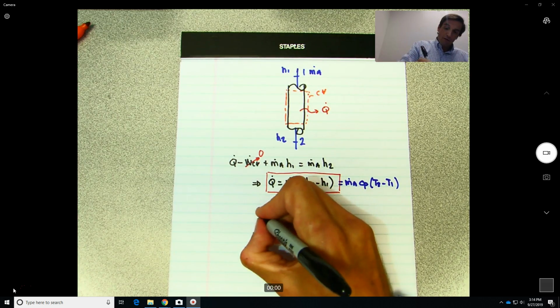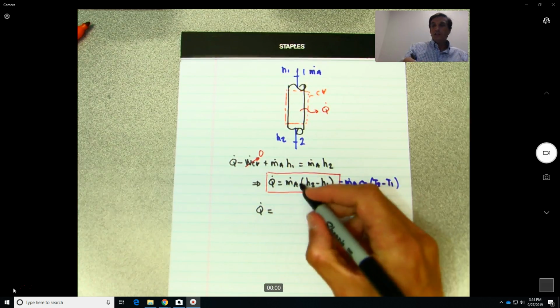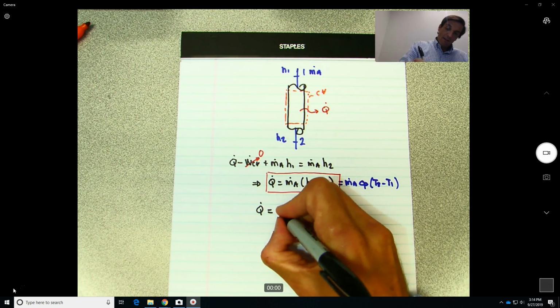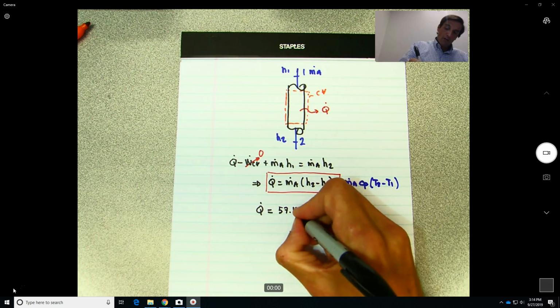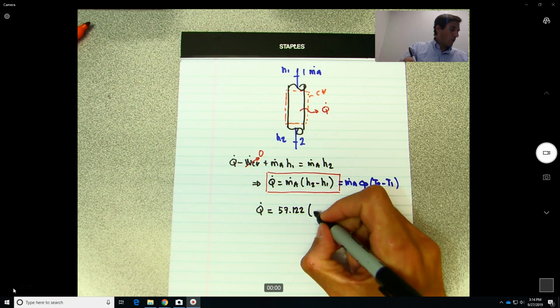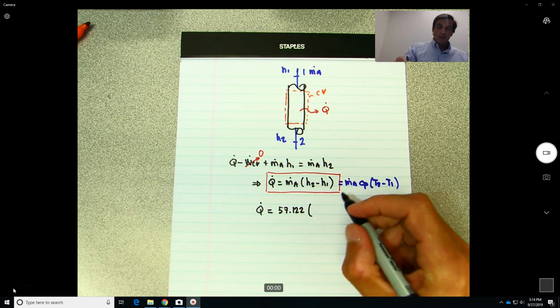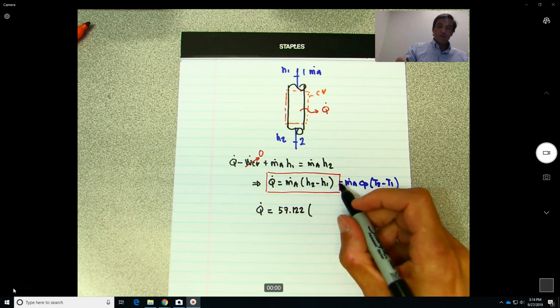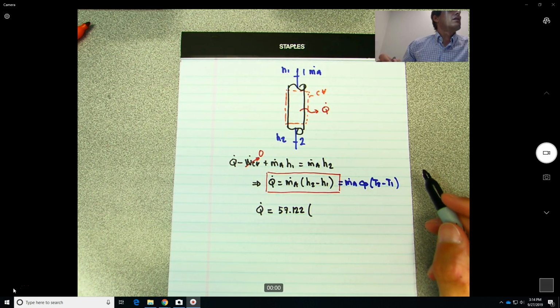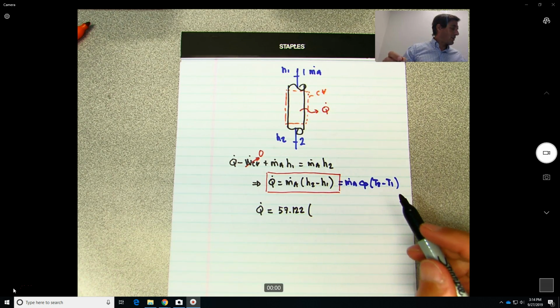So we have Q will be equal to what? MA was equal to 57.122, and we had this to be equal to H2 minus H1. So before we had H1 minus H2, I lost that page.